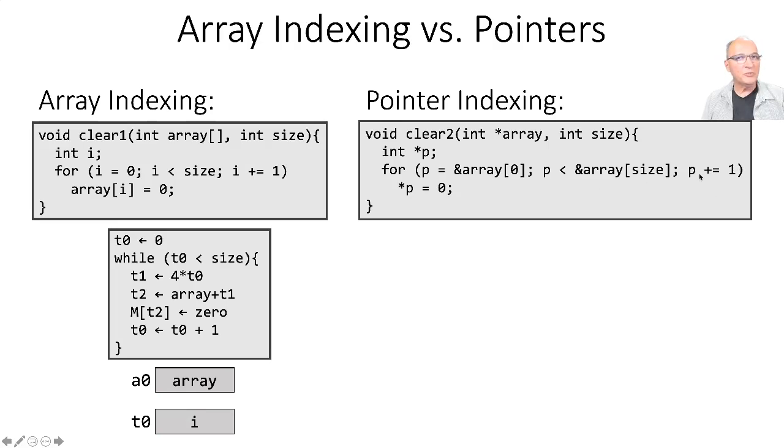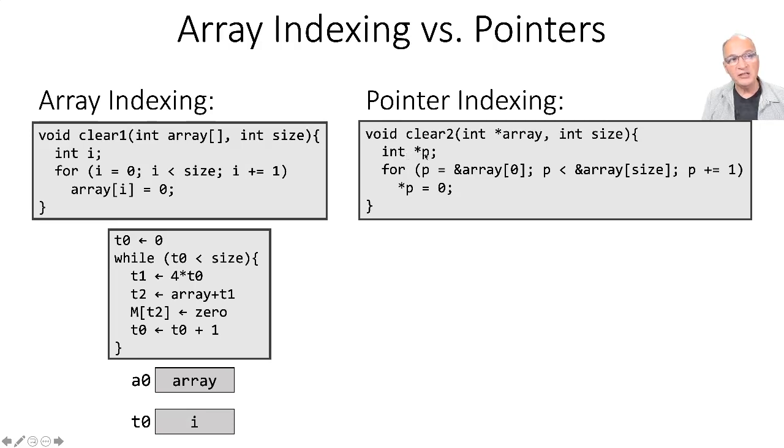This might come as a surprise because we said that in the case of a pointer, I need to increment the pointer by 4. So how come that in the C code, I'm incrementing the pointer by 1? What happens is that whenever you increment a pointer, the C compiler is going to check what is the type that that pointer points to.